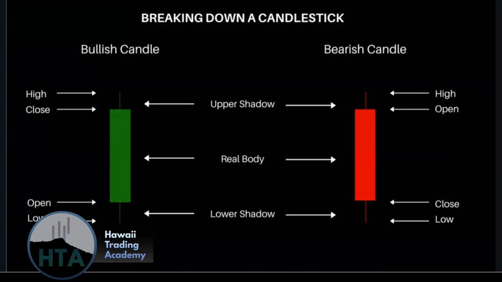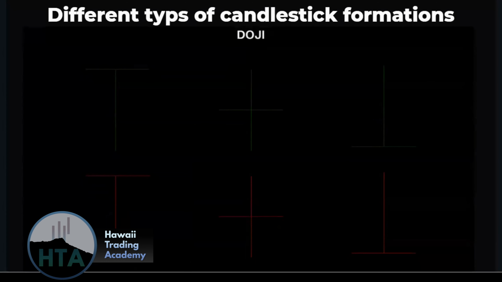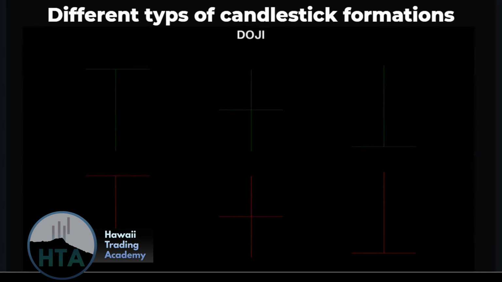So imagine that body of the candle, it's fighting, it's moving. And by the end of the close, it forms these type of formations, which basically is saying price opened at $10 and it fought its way up, fought its way down, but it ended at $10, for example. That's kind of what you would see here, right?